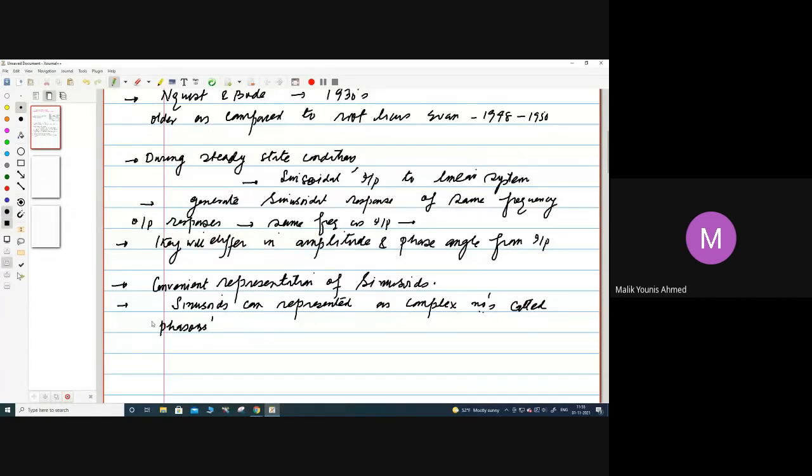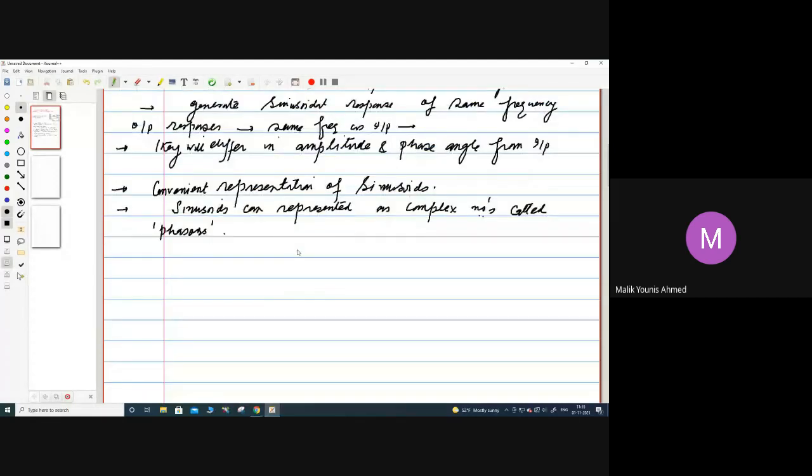So we represent sinusoids in terms of complex numbers, and we call these complex numbers phasors.